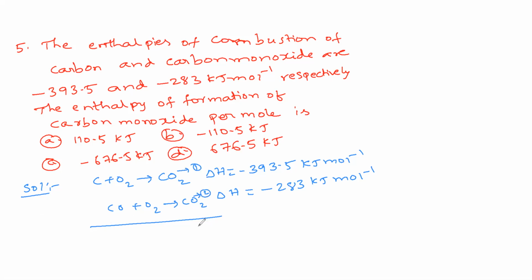So 1 minus 2 gives C minus CO. O2 minus O2 gets cancelled, and minus CO will be as it is.